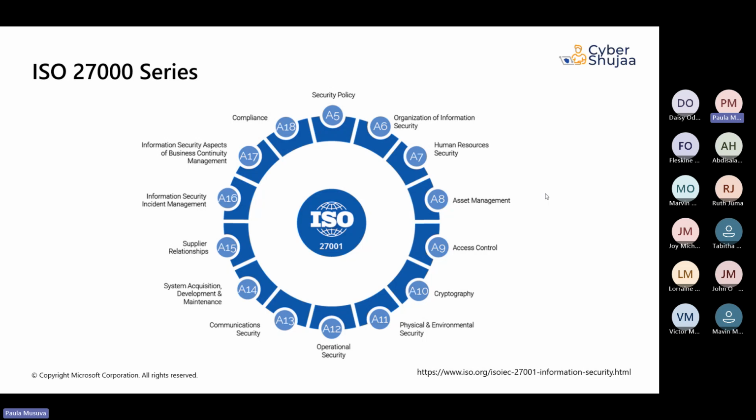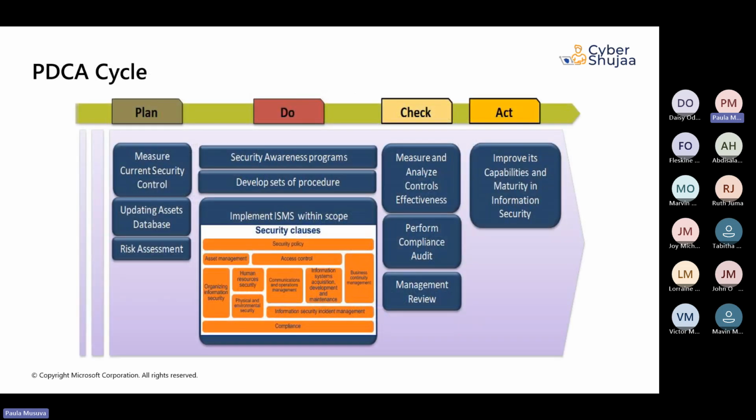The implementation guidance is in 27003, right? Risk management is in 27005. How you monitor, measure, and evaluate is in 27004. So there's a whole series of documents, and you can consult the standard, and you'll see detailed guidance.